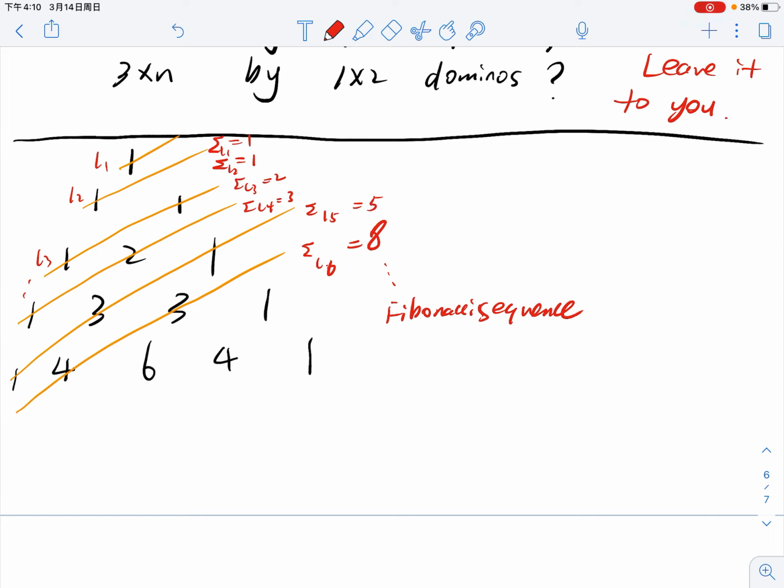Appearing in the Pascal triangle when you do some summation.